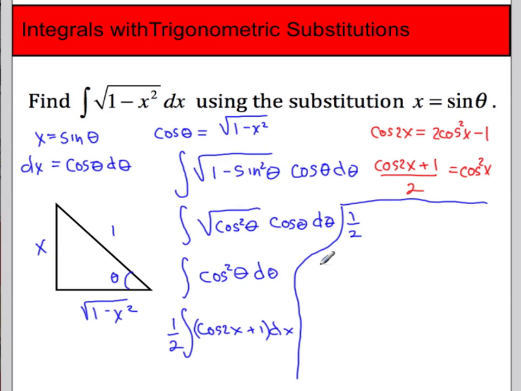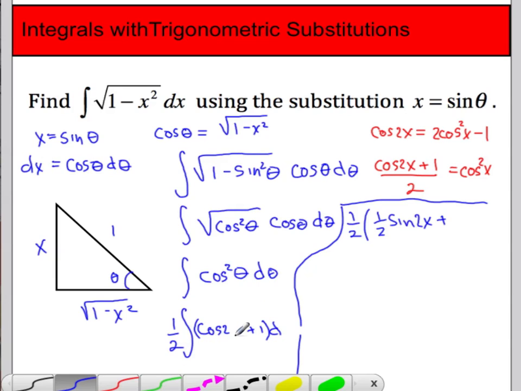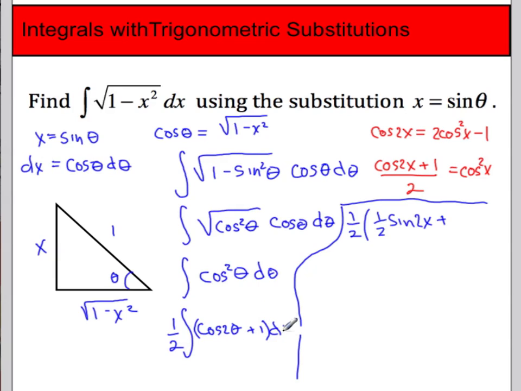The integral of cosine 2x is 1/2 sine 2x. And the integral of 1, sorry, I'm changing all sorts of things. I'm sorry. This is supposed to be a theta. This is supposed to be a theta. And this is a theta. So then plus theta. And plus c.